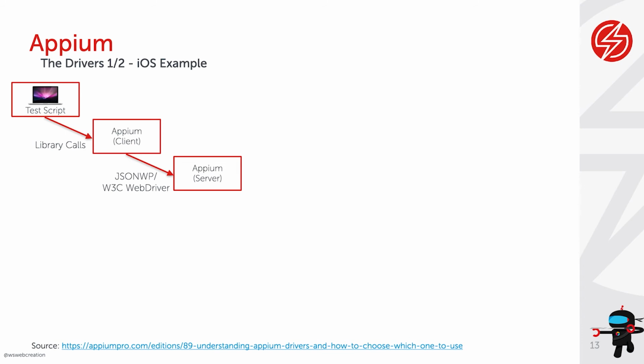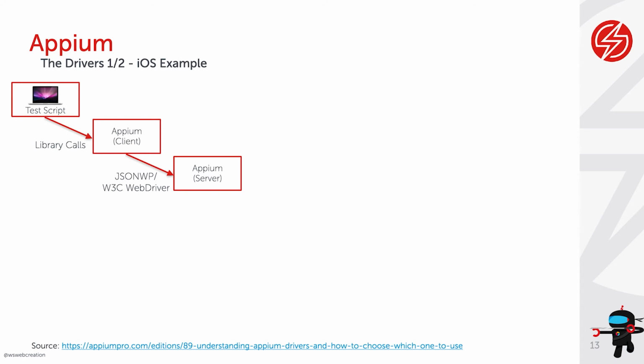About the Appium server, that's also what I wanted to mention: it can be hosted on your local machine. It can be hosted in a local grid or a remote grid, an internal grid in your company. But it could also be the Appium server which is hosted in, for example, Sauce Labs when you're using the Sauce Labs emulators, simulators, or real devices.